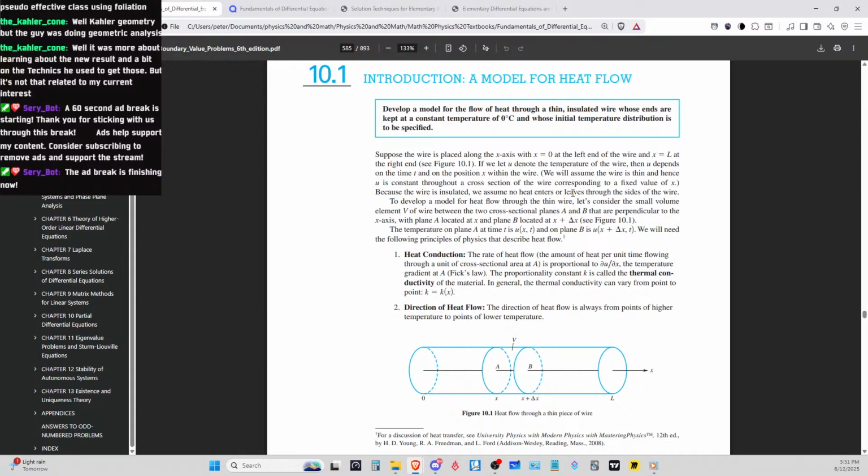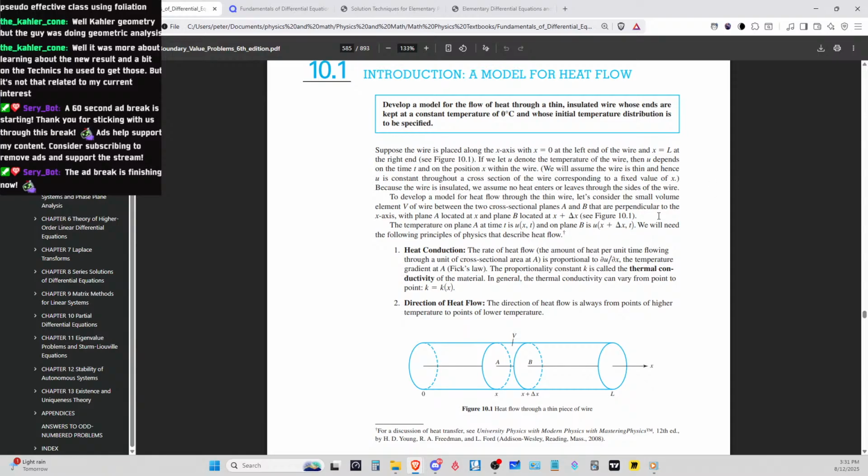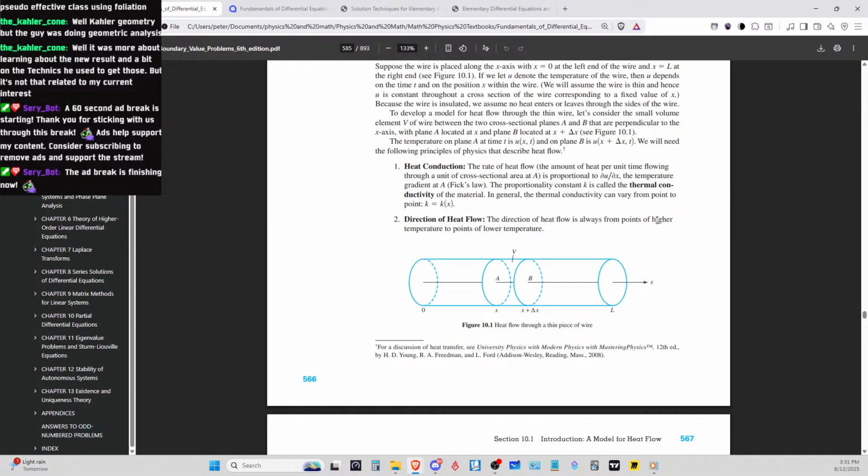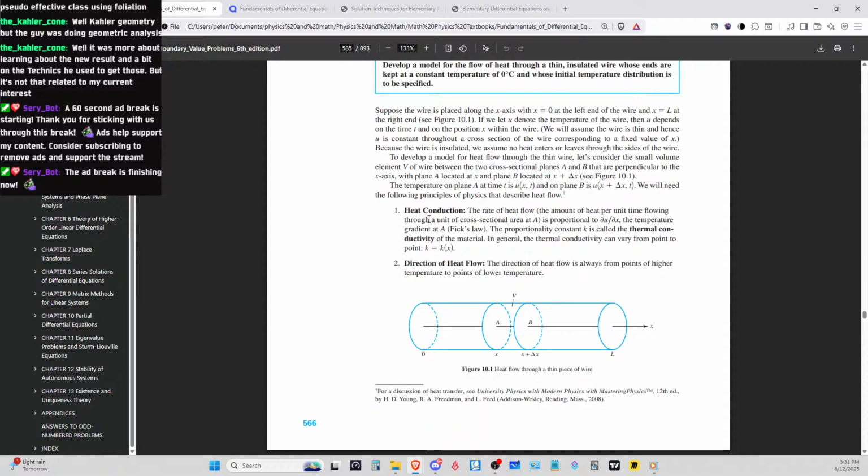We will need to follow the principles of physics to describe the heat flow. Oh, I have that book. Let's see, heat conduction. The rate of heat flow, the amount of heat per unit time flowing through a unit of the cross-section A, is proportional to du over dx.